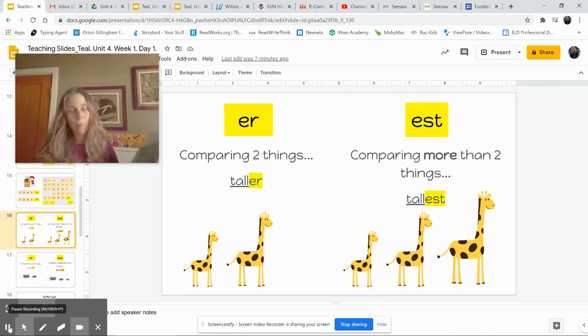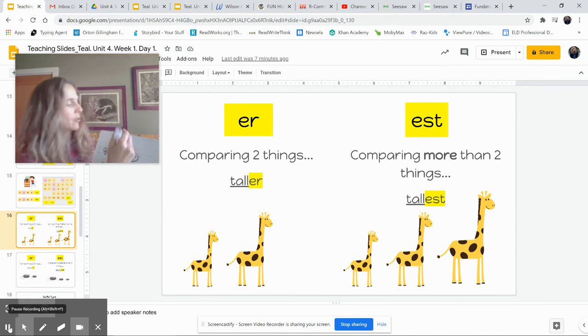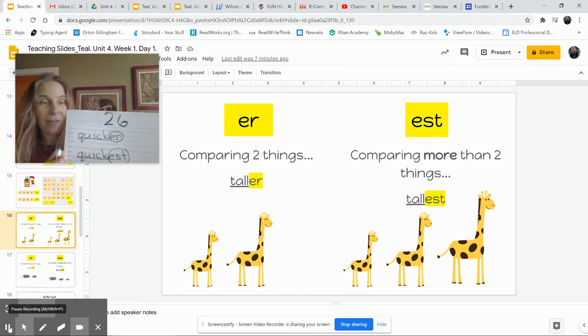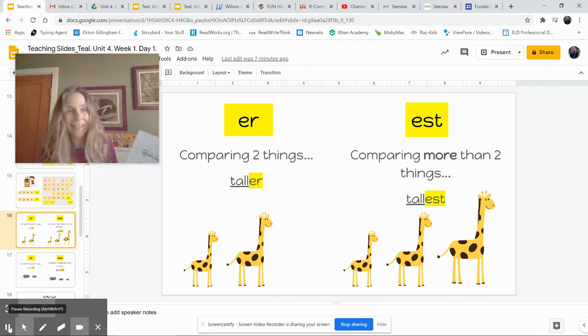Okay, so page 26, I'm going to write it on my whiteboard so you can see it. 2, 6. Look for that page. Pause the video if you need to. I'm going to erase my whiteboard and we're going to write 2 more words.